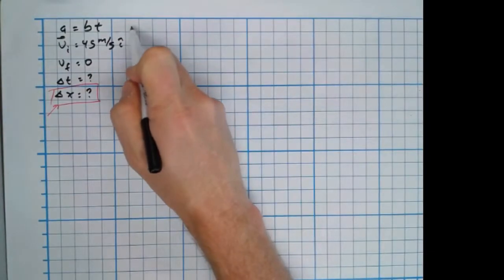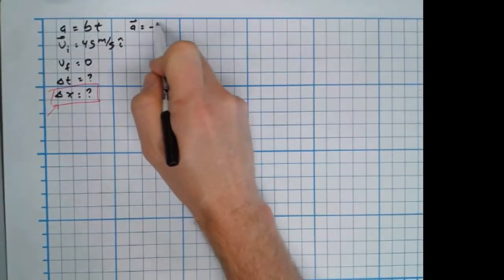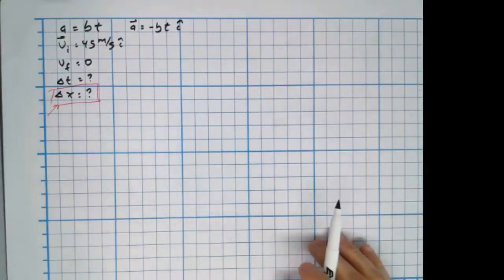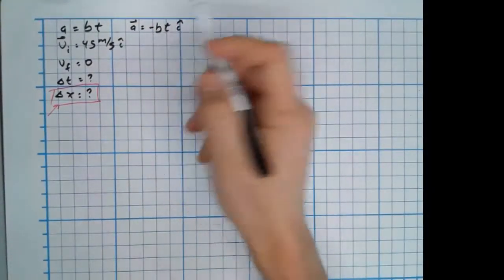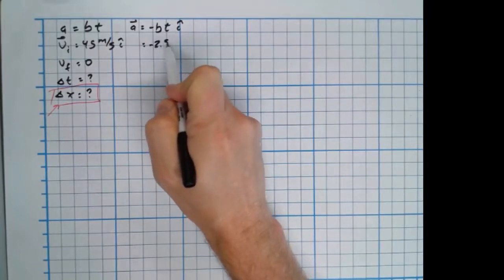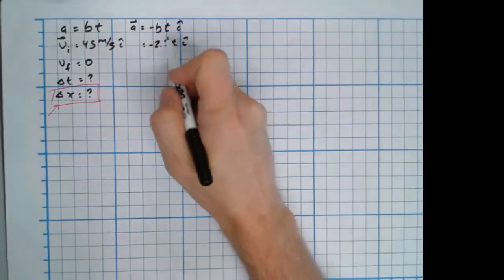That means the vector for the acceleration has got to be negative bt i hat. And the problem says that b is 2.5, so that's negative 2.5 t i hat. I'm going to leave it as b for most of the work here.